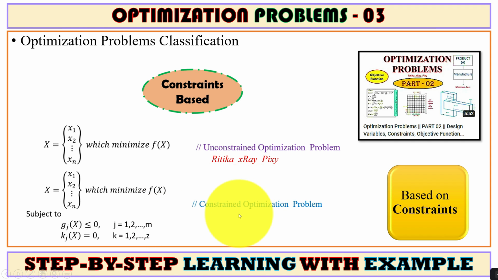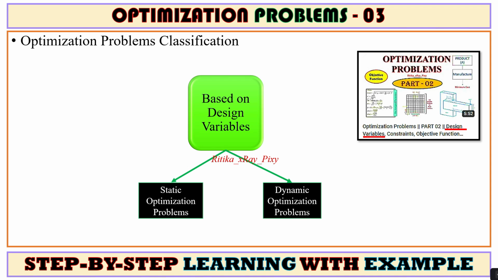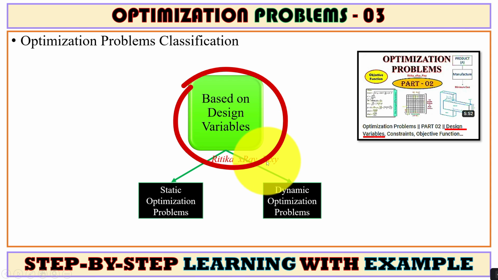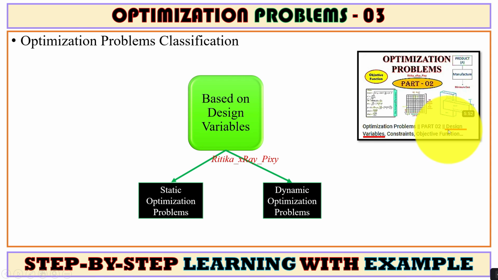If constraints exist for any optimization problem, then it is a constraint-based optimization problem, else it is unconstrained optimization problem.